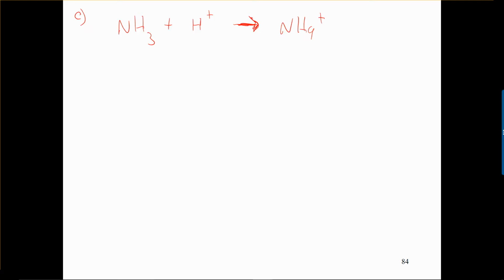What is the initial concentration of NH3 that we determined from our dilution equations? 0.1 for C, 0.1, and of H plus?